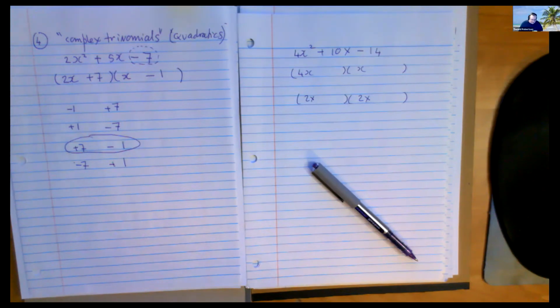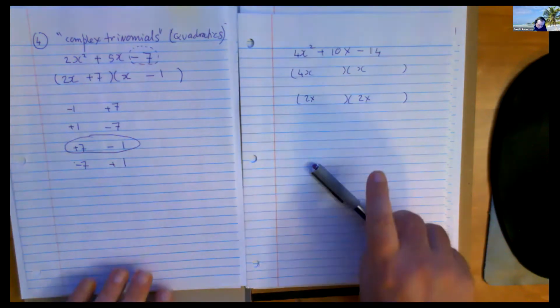You FOIL. Do you need to do the whole FOIL? Because I want to save time. Do I need to do the first part? No, that's guaranteed to work. Do I need to do the last part? No. The only part I need to do is the middle bit, to see how many x's I get.